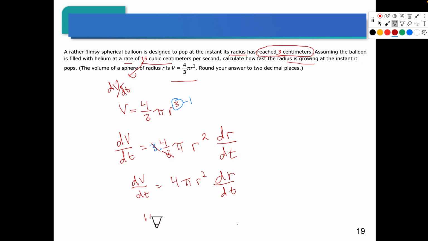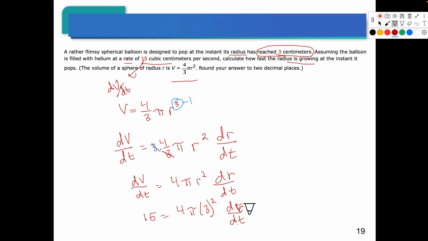So we can go 15 equals 4 pi. r is 3 centimeters. dr/dt. Not dt/dt, dr/dt. Okay. That's the one thing we don't know, and that's what the question's asking us to find out.